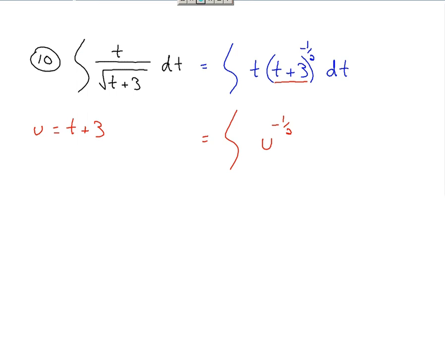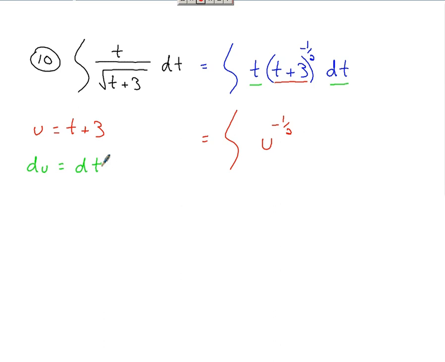We need to take out a t and a dt. So taking my derivative of my equation I formed over here, we know the derivative of u is 1 du. We know the derivative of t is 1 dt, and that 3 is just going to 0.